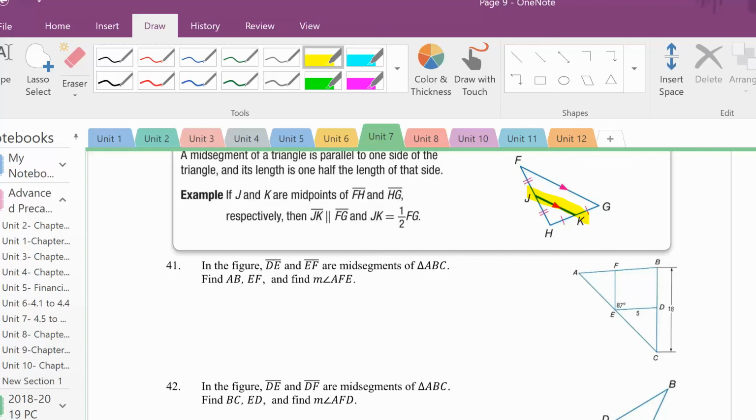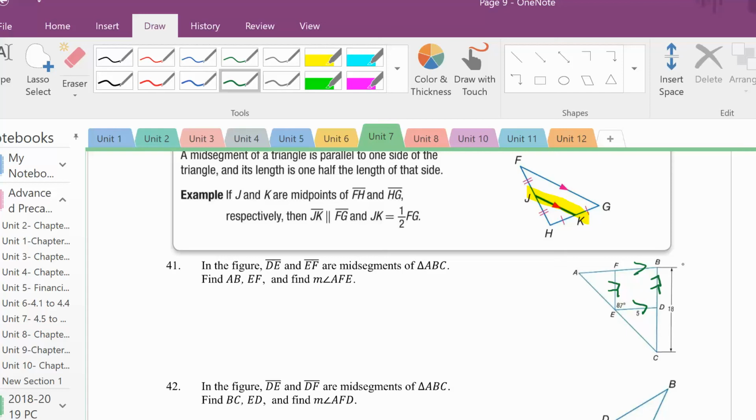So for number 41, DE and EF are mid-segments of triangle ABC. So it wants you to find AB, EF, and the measure of angle AFE. So since DE and EF are mid-segments, that means that they are parallel to the sides. So here is parallel to there. And that also means that they are half.